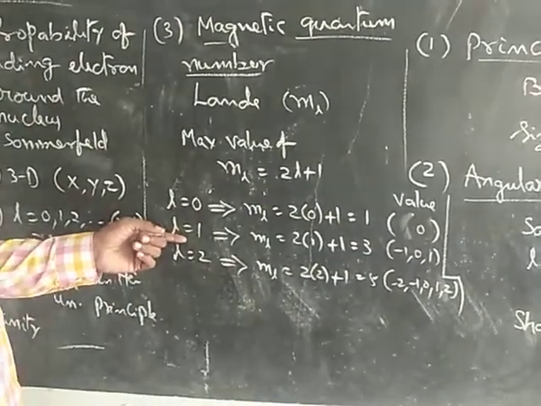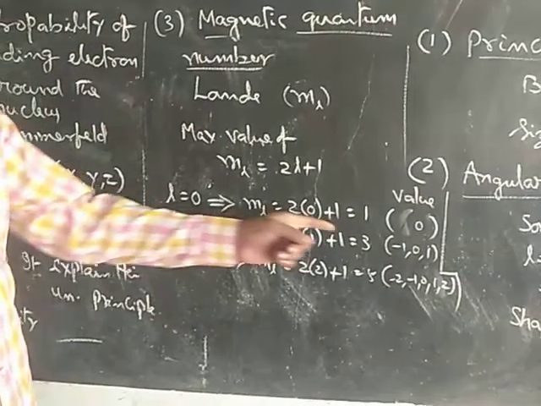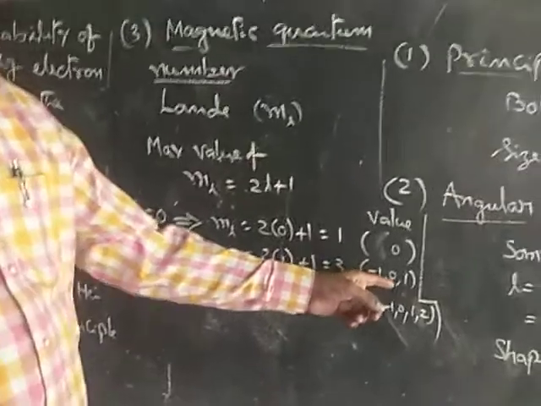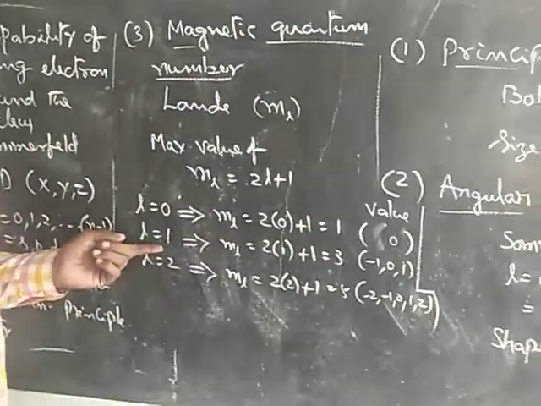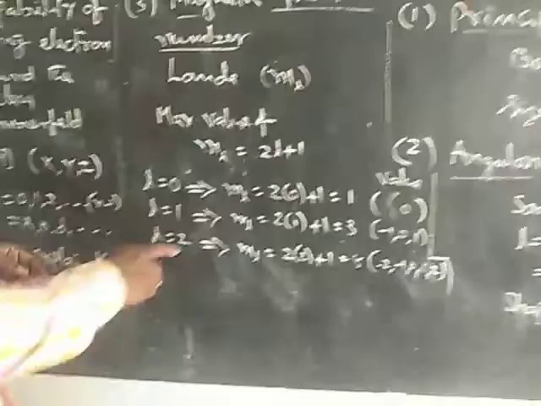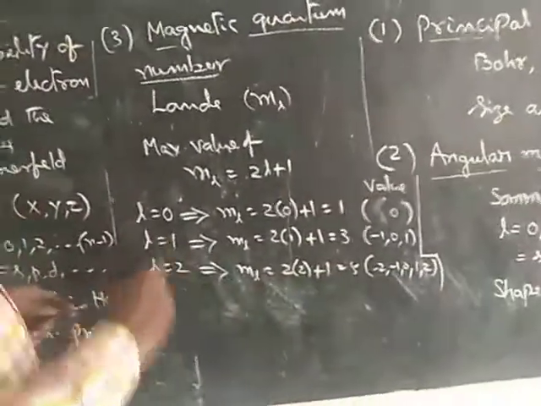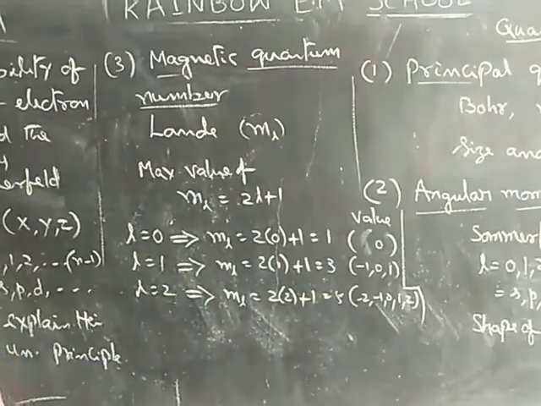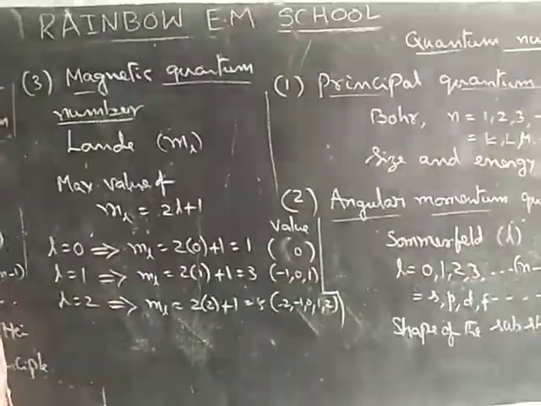Here L value 1 means p orbital. The p orbital consists of three degenerate values: -1, 0, 1. Suppose L value 2 means d orbital. How many degenerate are there? 5. These values are -2 to +2.